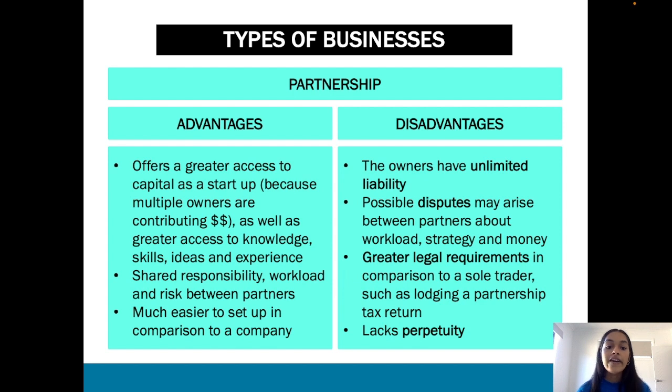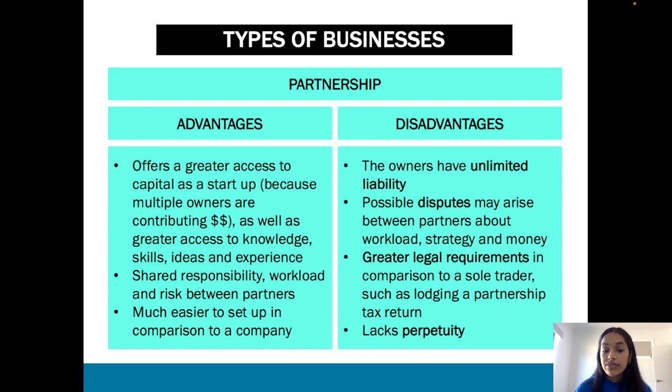So one partner might have a lot of experience in one particular industry, and they can offer a lot of insight and ideas because they have that experience. While another partner might have a lot of valuable skills. So again, they have a pool of these knowledge, skills, and experiences they can sort of take from each other.